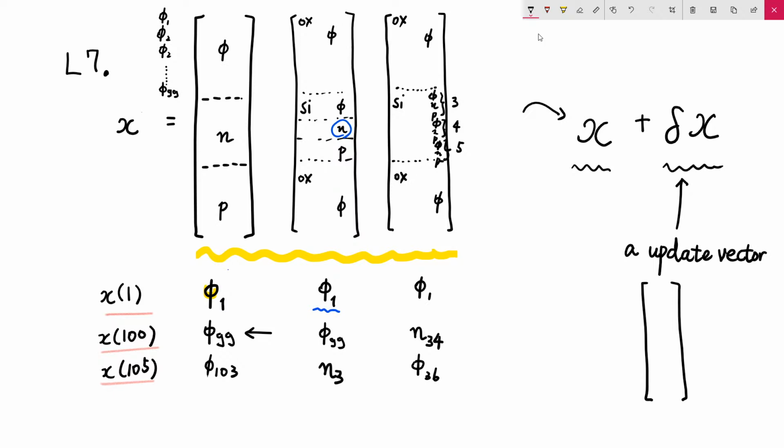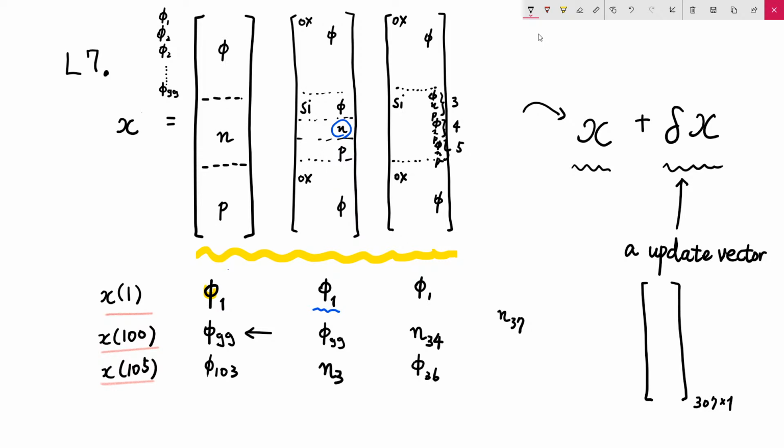Then actually you now have to update each variable. So it means that there is a 307 by 1 matrix, and inside it, there is your update. Say that for electron density at the 37th point, please update it.